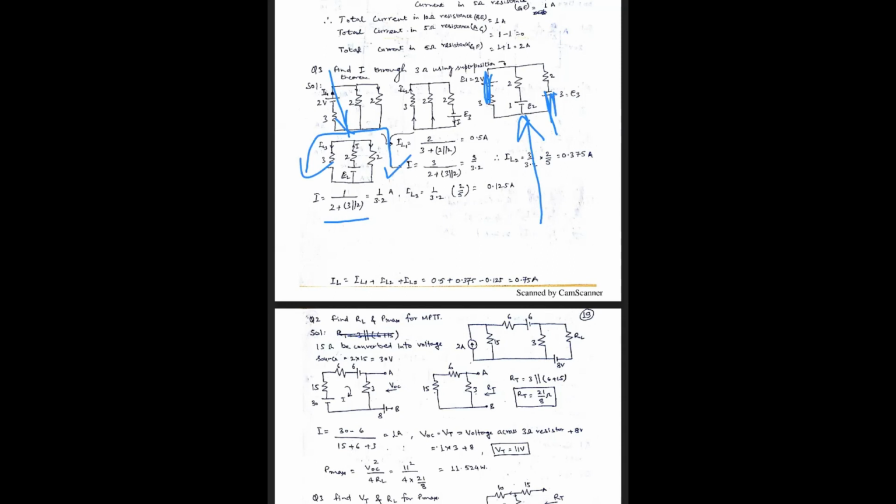And again, to calculate the current which is flowing to the load 3 ohm, we have multiplied by 2 by 5 to get the result 0.125. Okay, this is just simple mathematics, you can do so.